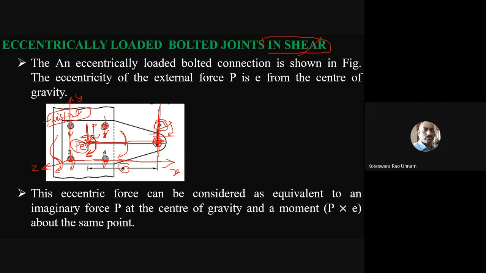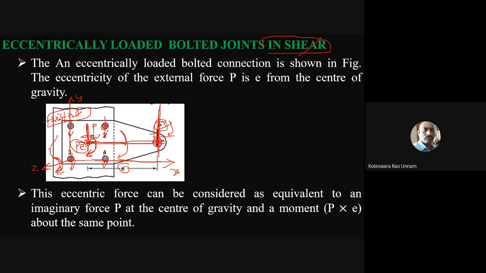We also call the twisting moment a torsional load or torque. So you have two types of shear stresses: one because of this P acting at the center of gravity, and the other because of this torsional moment.